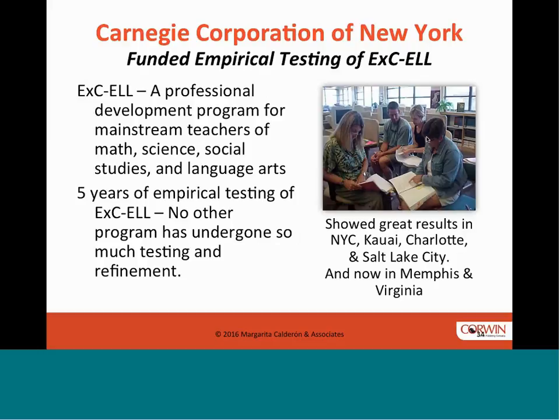After 5 years of empirical testing, EXCEL showed great results in New York City schools, in Kauai, later in Charlotte, Salt Lake City, and now we're seeing more refinements in schools in Memphis and a lot of schools in Virginia. Next, please.